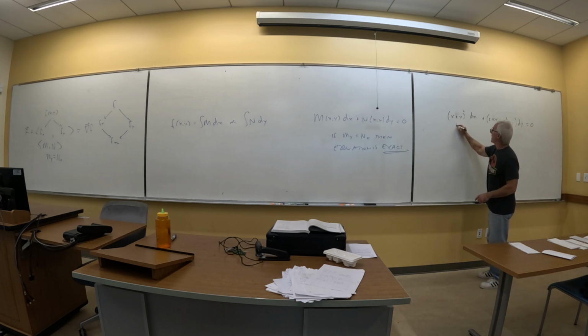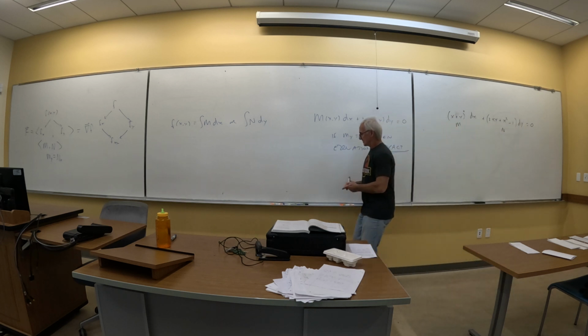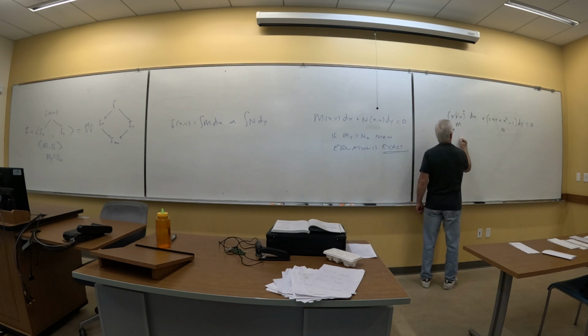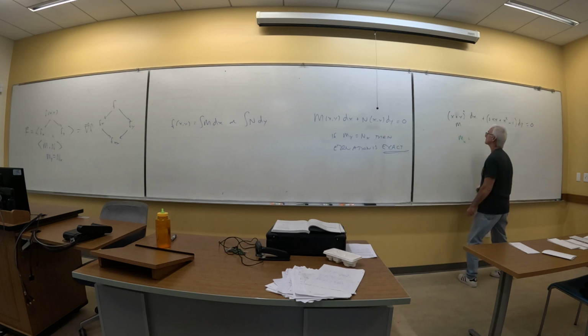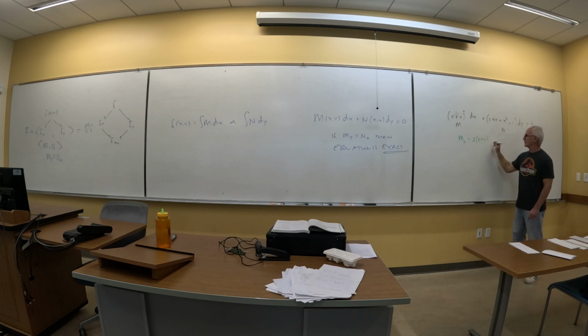So this is my M, this is my N. So what is the partial of M with respect to y? Well, let's see, it's going to be 2x plus y times the derivative of that, which would be 1 with respect to y.